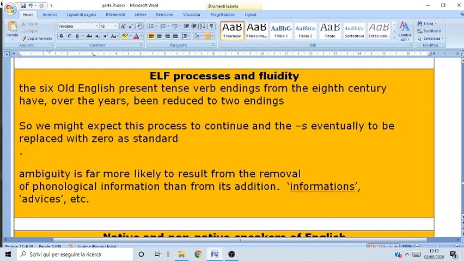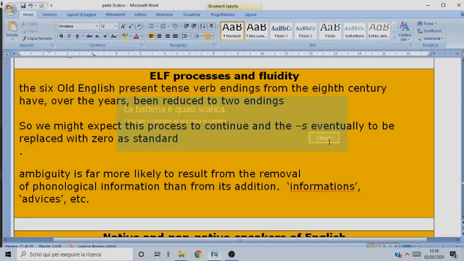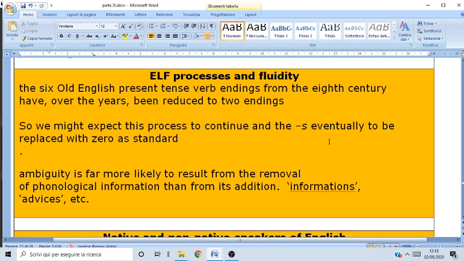Because ambiguity is more likely to happen if you remove phonological information from it rather than adding it. If I write information, okay, in the mind of somebody who is using English as a lingua franca, or at least does not speak English as his first language.